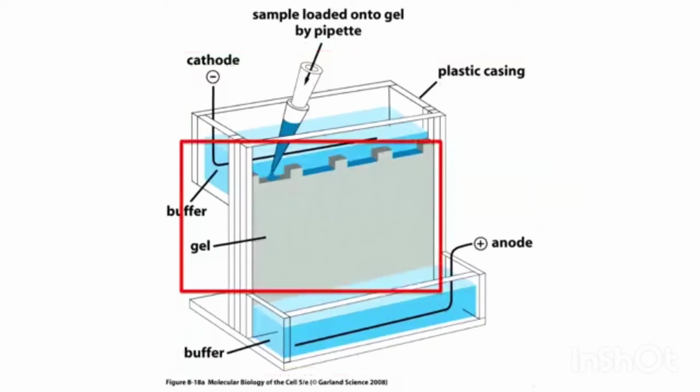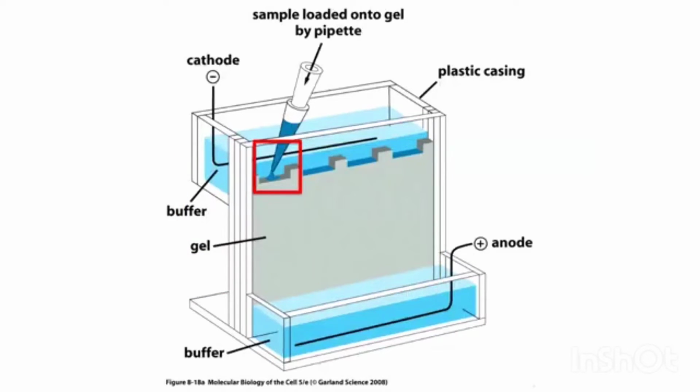This system is to support the gel and to separate the cathode chamber from the anode chamber. So the gel and the buffer within it is the continuity between the cathode and anode, so that you have an electric current that runs through the gel itself.